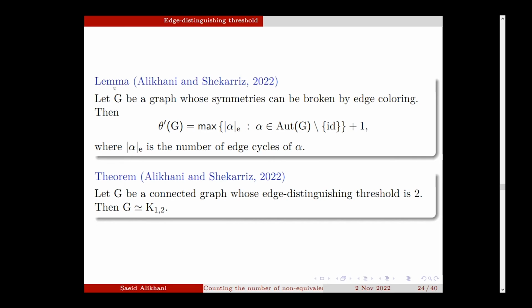And by this lemma, we have this corollary that says if theta prime of a graph is 2, then G is K1,2 or P3. So we have just one graph whose edge theta prime is equal to 2.